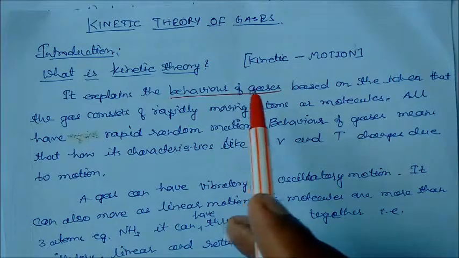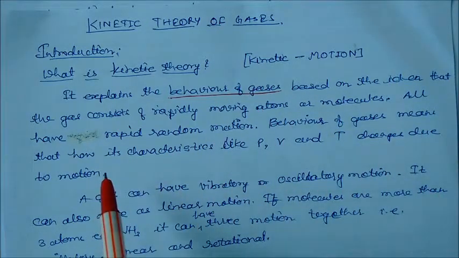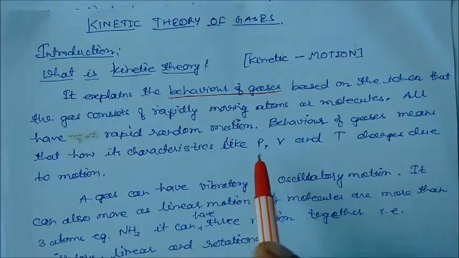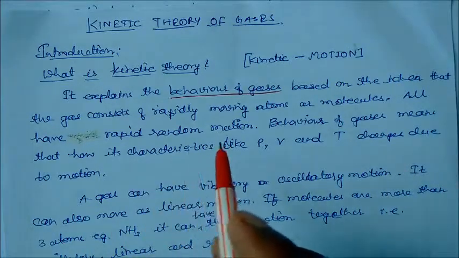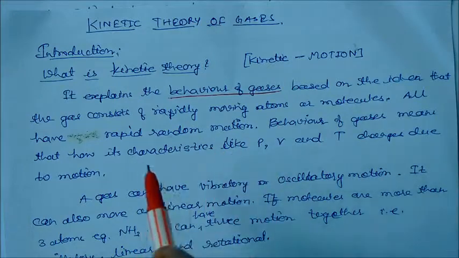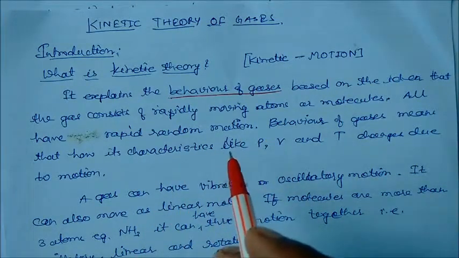So we are studying their behavior. Behavior of gases means how their characteristics like pressure, volume and temperature change due to motion. When these gas particles, atoms and molecules, hit the wall of the container, what happens? Pressure increases.